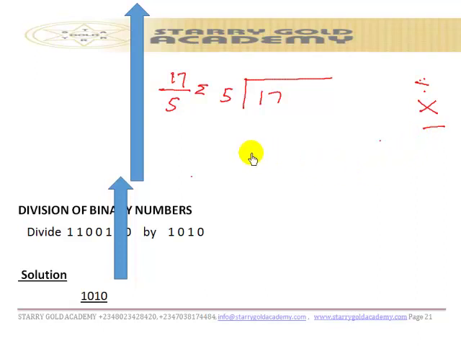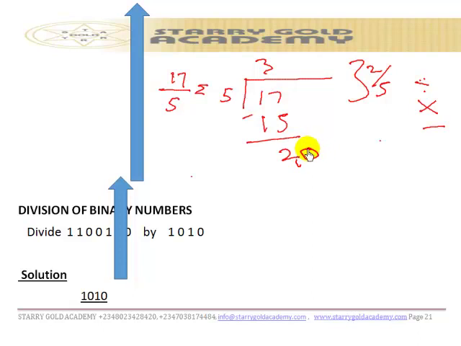So let's try what we just did. Divide: 5 in 17 is 3. Now multiply: 3 times 5 is 15. Now subtract: 17 minus 15 is 2. If I want to leave my answer as a mixed fraction, it will be 3 whole and 2 over 5. If I want to leave my answer in decimal, then I have to continue. Dividing 2 by 5 is impossible, so I have to add 0.